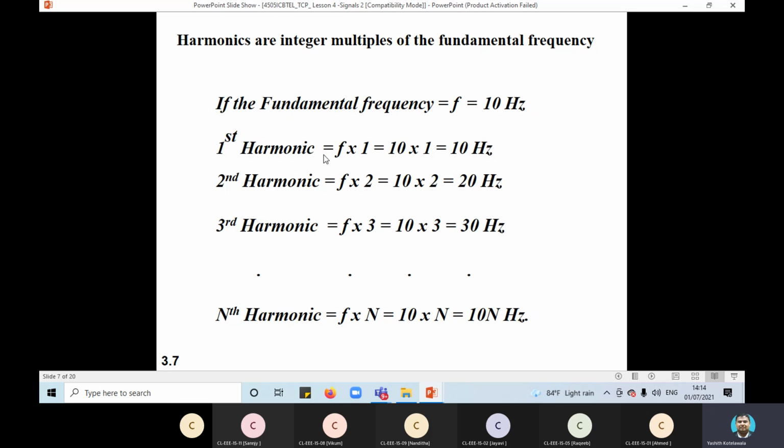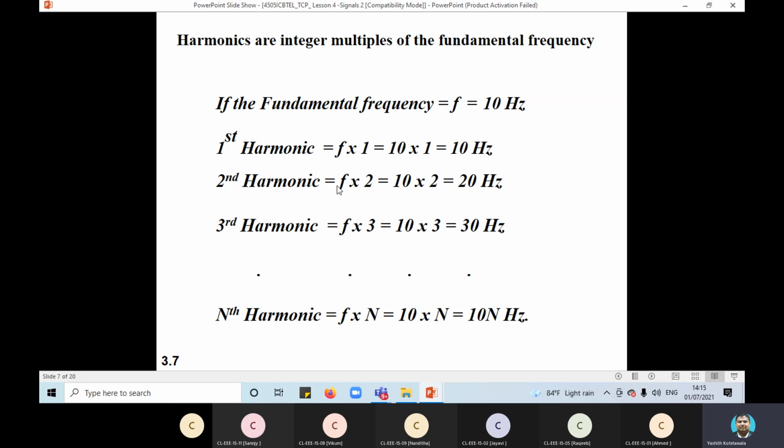First harmonic is equal to fundamental frequency f times 1, integer value 1. That means 10 times 1, answer is 10 hertz. So you can see value wise it is the same. That means you can conclude first harmonic is the fundamental frequency, right? First harmonic is the fundamental frequency, so there is no problem.